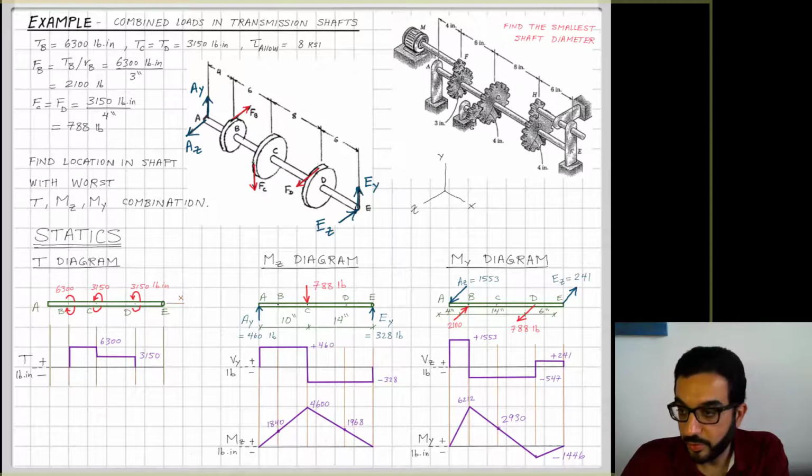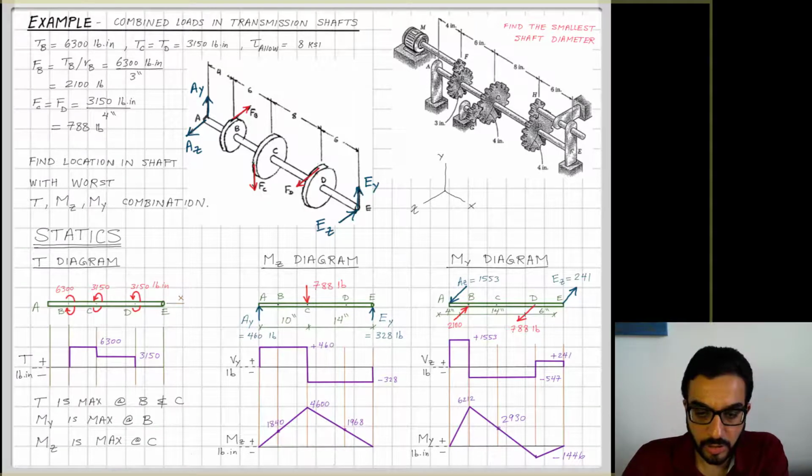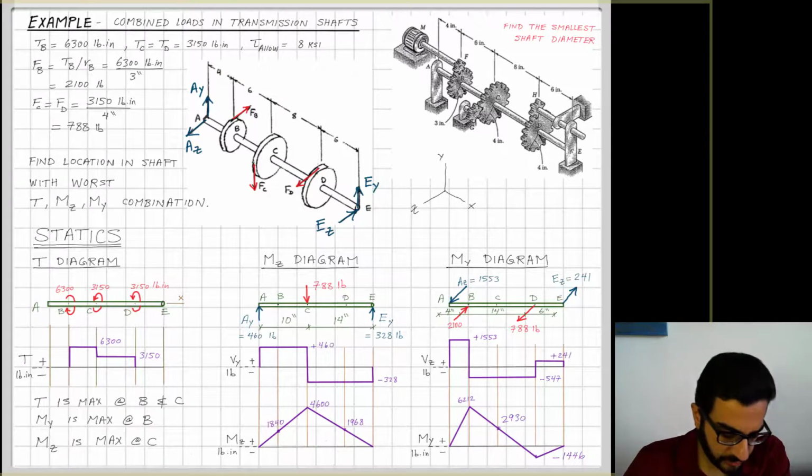So I can summarize all of these diagrams by saying that the maximum torque is happening at point B or C, any point between them. The maximum moment Y is happening at point C. And the maximum moment Z is happening at B. So actually I'm switching here.